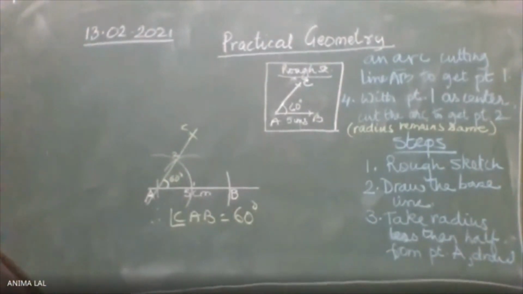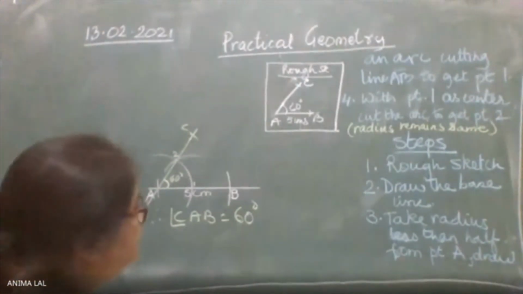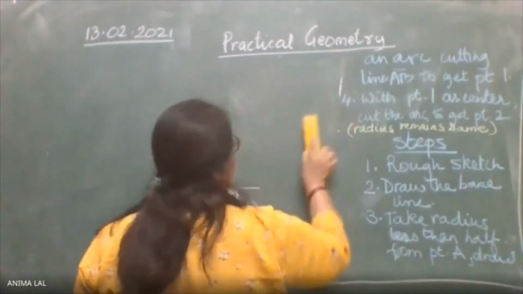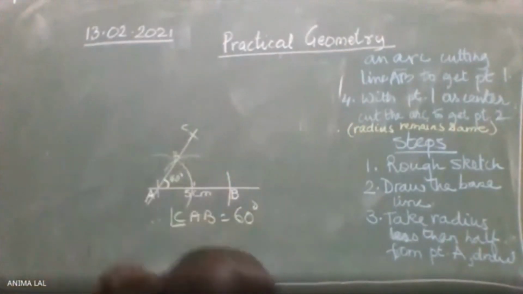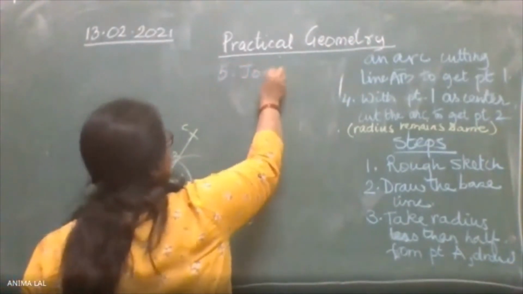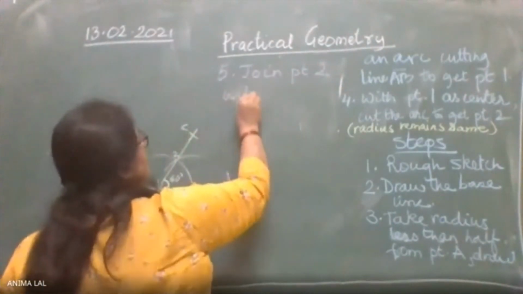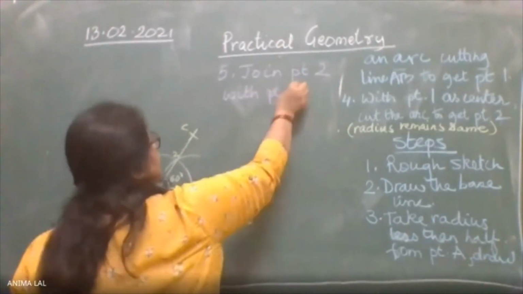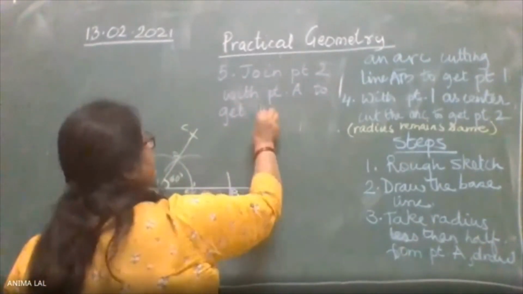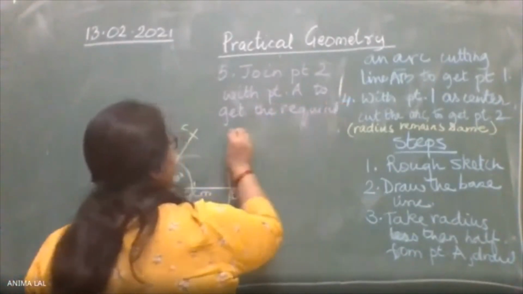Right. Now, I'm going to give it once more. Because the 5th step I have not written, I'm writing the 5th step also. Step number 5: join point 2 with point A to get the required angle.